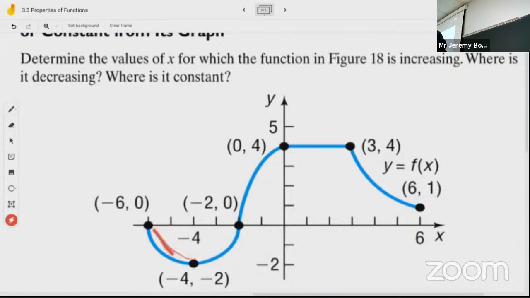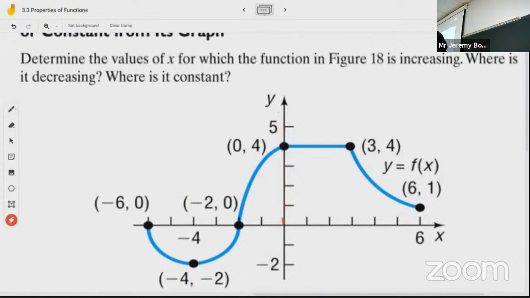You're going down. So you're decreasing here. Once you hit this point, you start going up. And so you're increasing from here to here, but you continue to increase. Even though the way that it's increasing changes, you're still increasing.